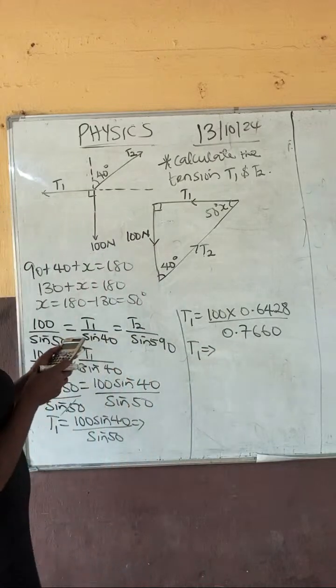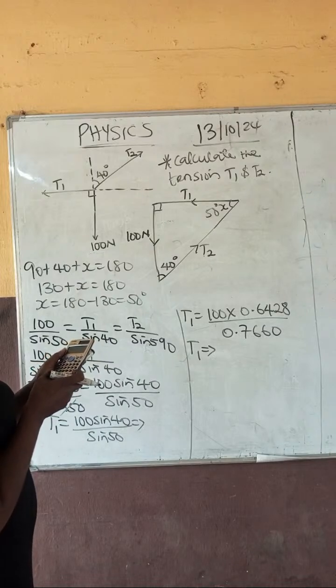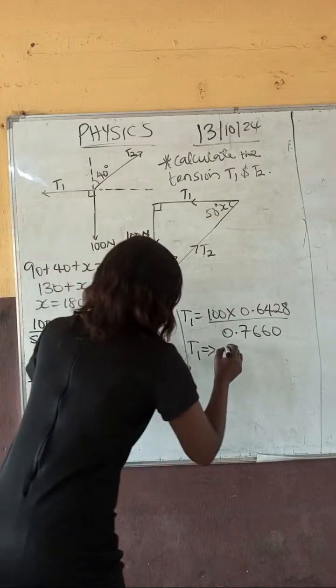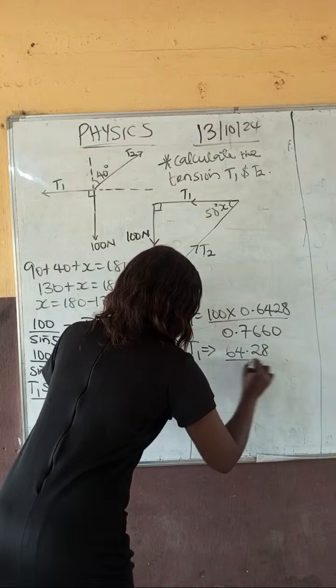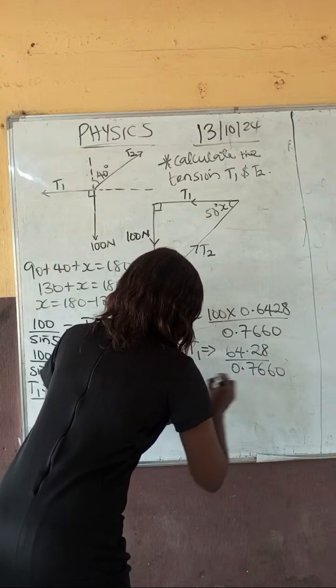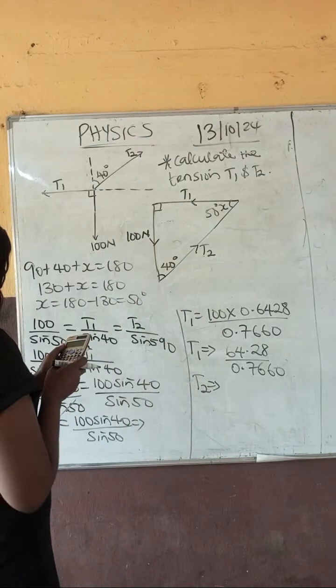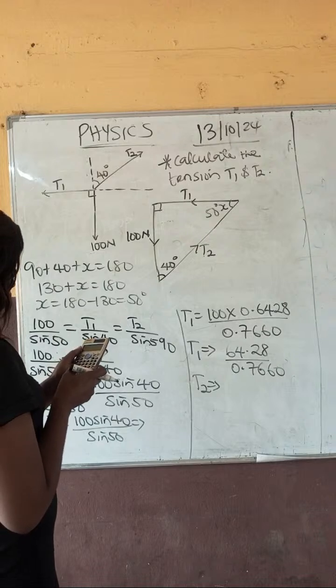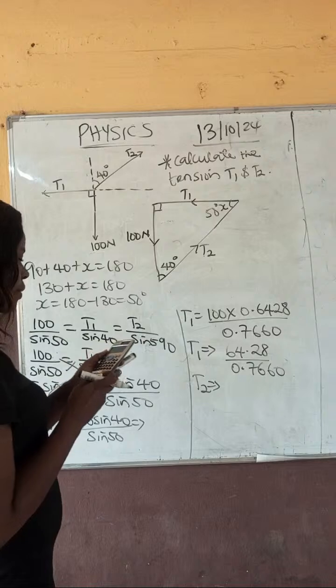So let's multiply 100 times 0.6428 is equal to 64.28 divided by 0.7660. So let's divide 64.28 divided by 0.7660.